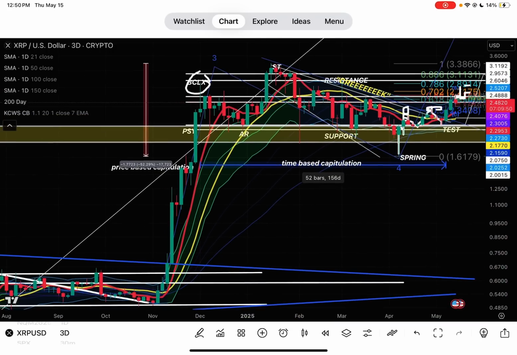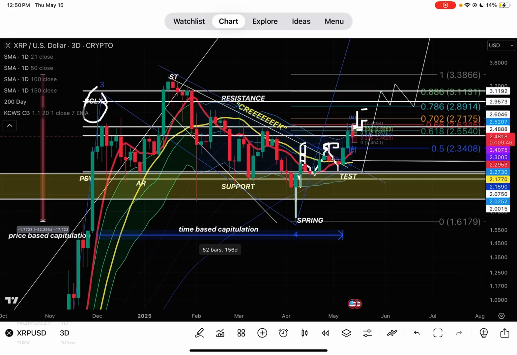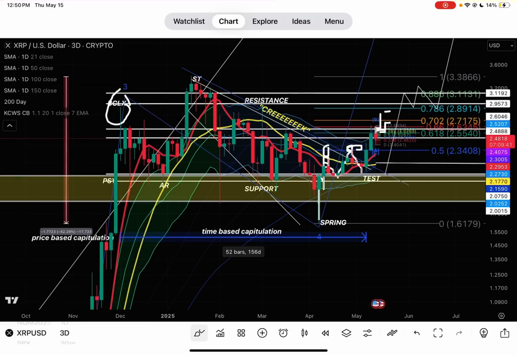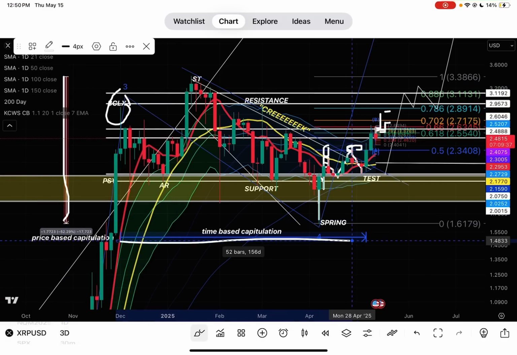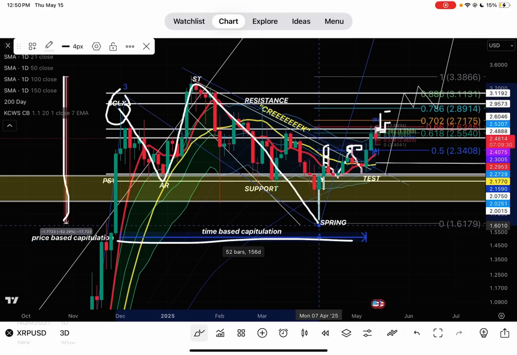This guy right here, this was your wave 3, okay? Then we had price and time-based capitulation. So we go down by over 52% and then go sideways for over 150 days, okay? This was simply just a WXY correction for your wave 4, right?